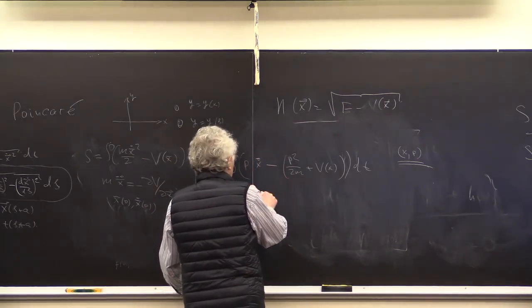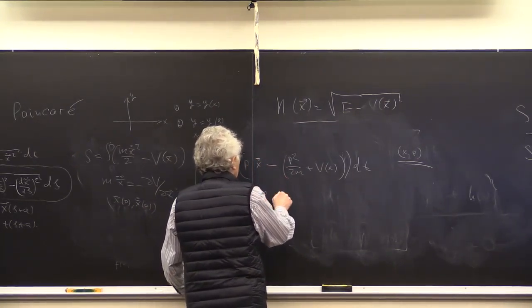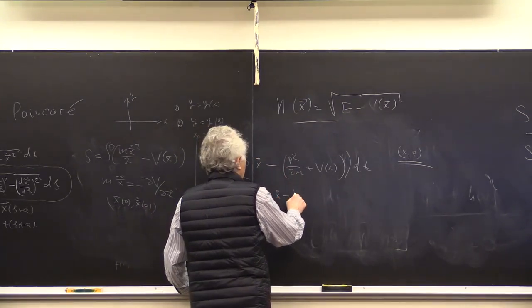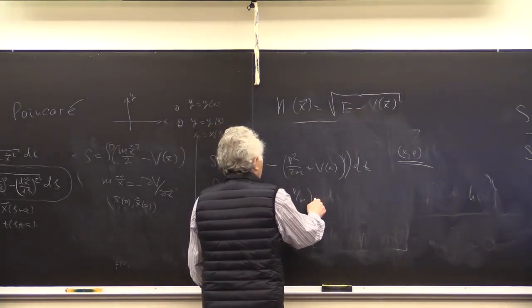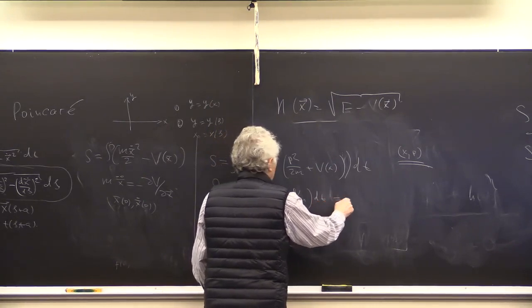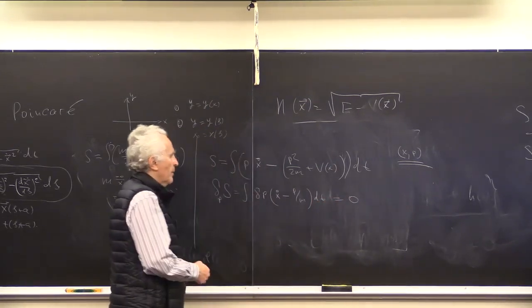We take delta p times x dot minus p divided by m, integrated over dt, and this should be 0.